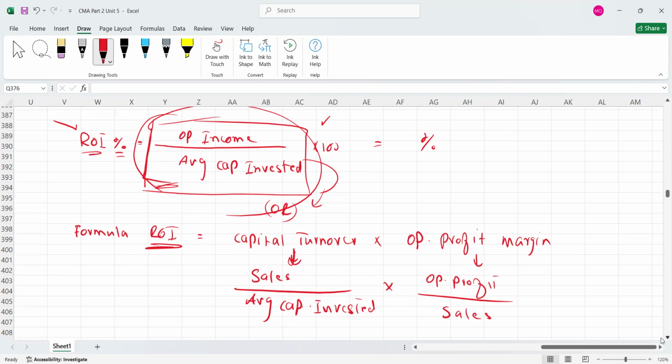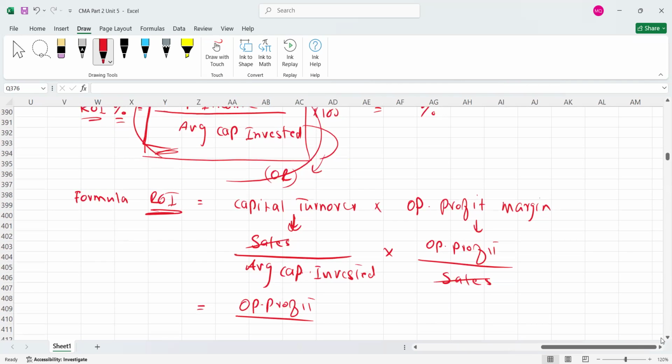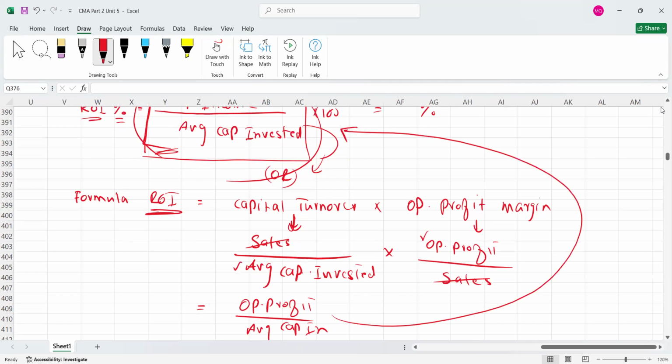Now if you look at these two, this numerator and this denominator will cancel, right? And if you see the remaining formula, it is operating profit as the numerator divided by average capital invested, right? So this is the same formula which is written here also.